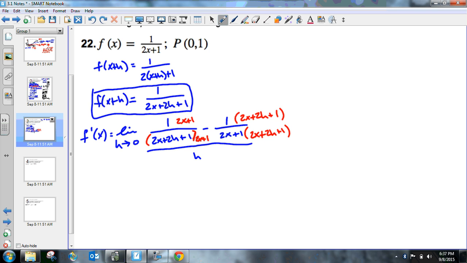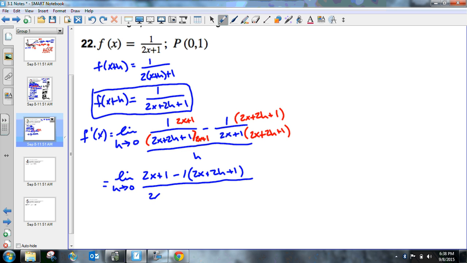Let me continue this problem here. I've got the limit as h approaches 0. My numerator up here becomes 2x plus 1 minus 1 times the quantity 2x plus 2h plus 1, and then I'm going to divide that by my common denominator, which is the product of these two denominators.